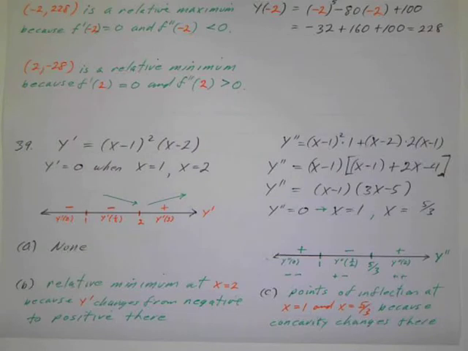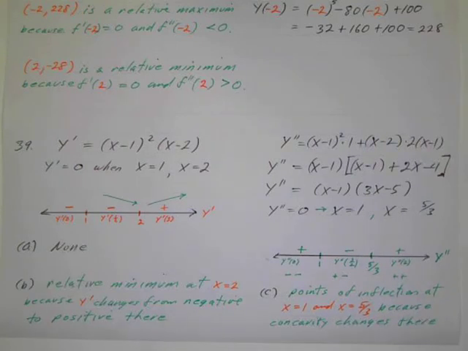If I put 3/2 in here, this is going to be positive, and this would be negative, so positive times a negative is a negative. And then if I tried 2, this would be positive, and that would be 6 minus 5 is positive, so that positive times a positive is a positive.